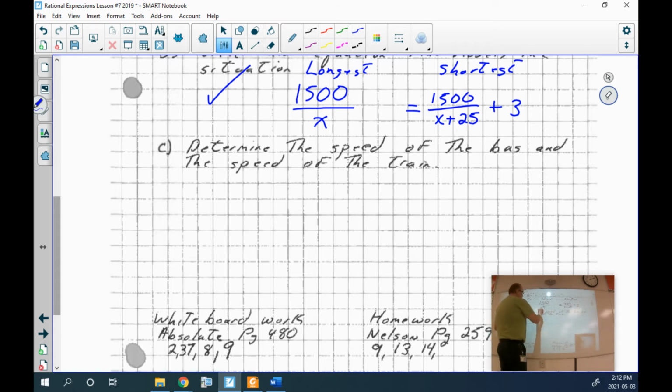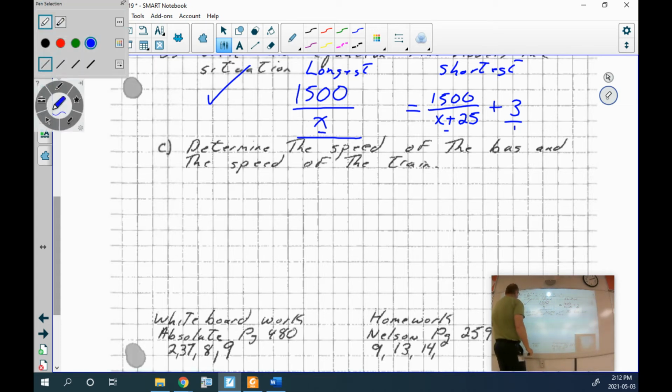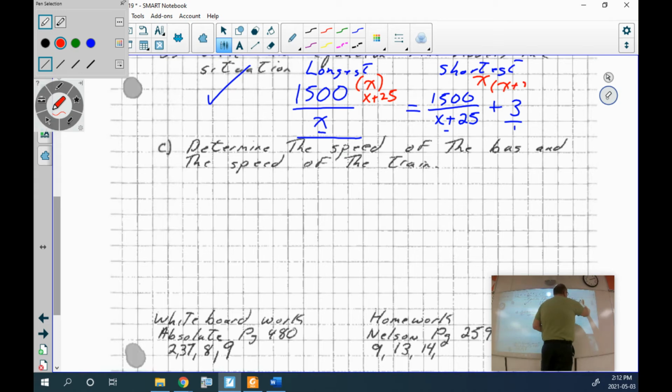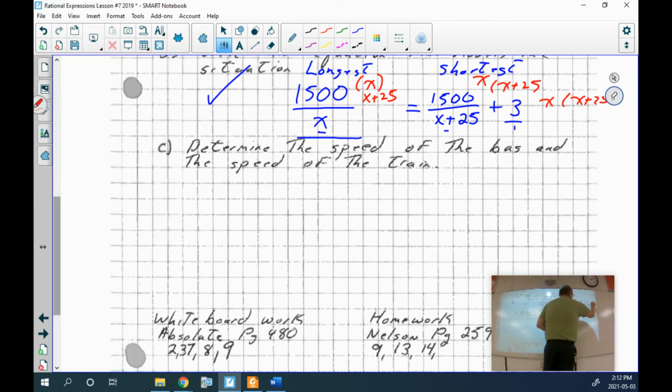Okay, so we have a denominator of x plus 25, and a denominator of 1. So again, just like before, we need to multiply by x plus 25, x plus 25, x plus 25.